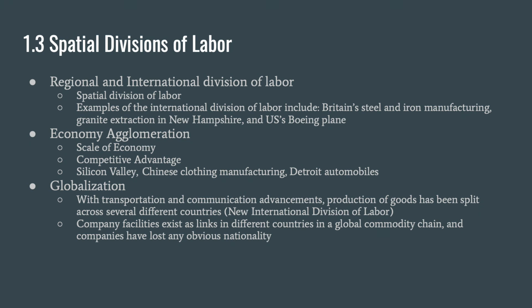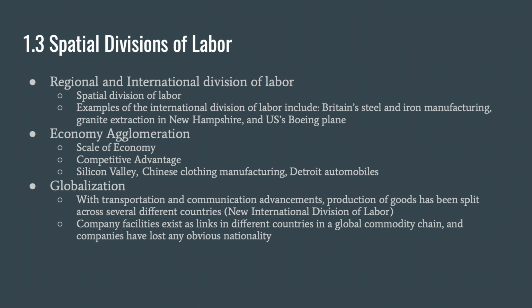In the division of labor process, economy agglomeration will happen, which means a lot of companies in the same profession will gather in the same place, and then the place will form economies of scale. The scale of economy provides a transportation advantage and a cost advantage for the firms.